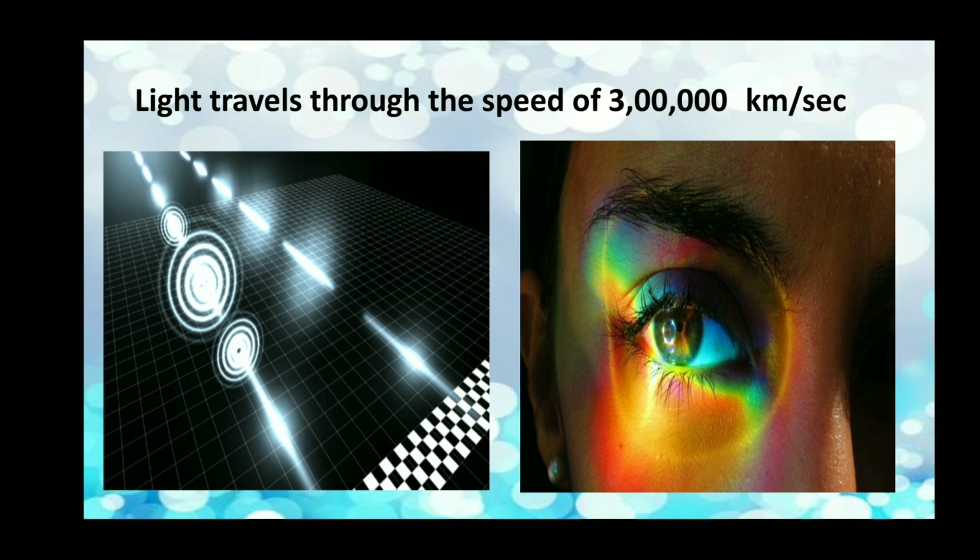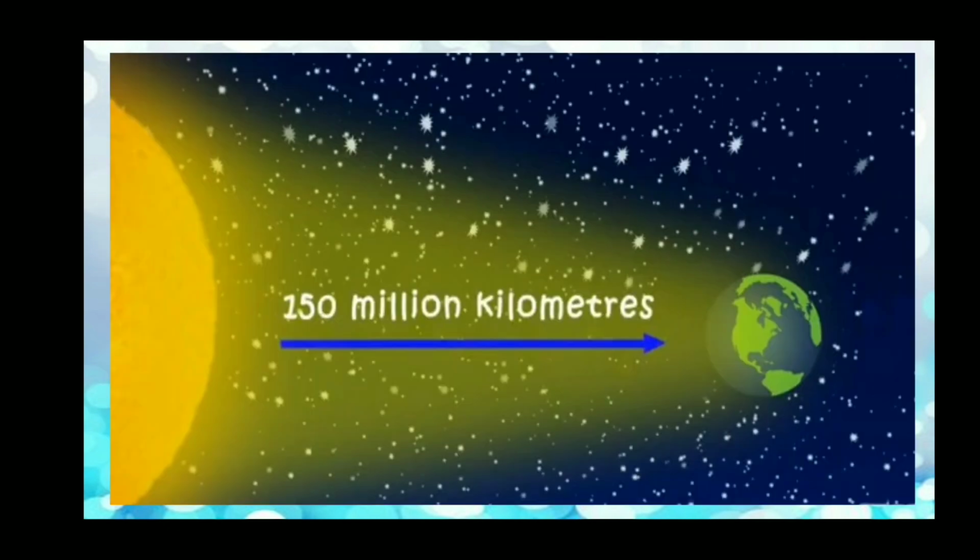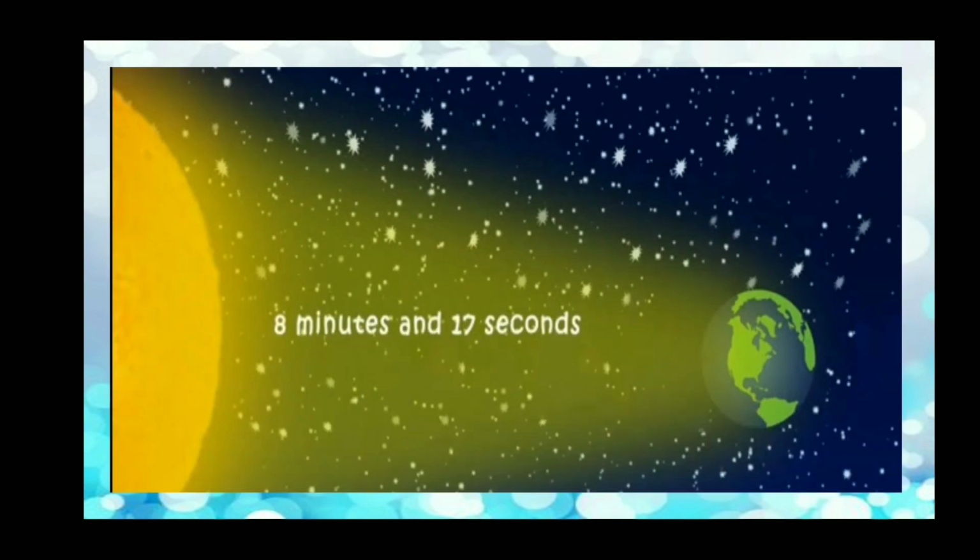It travels at a speed of 3 lakh km per second. The distance between the sun and the earth is 115 million kilometers. So, light from the sun takes 8 minutes and 17 seconds to reach earth.